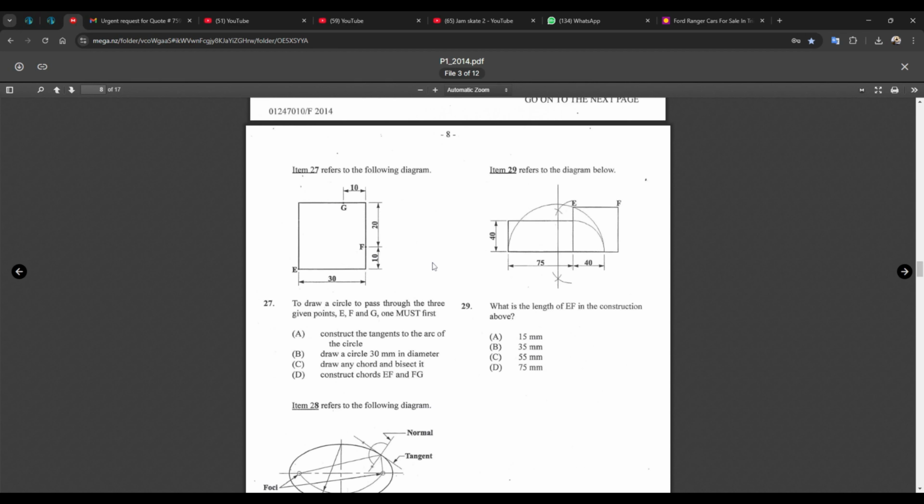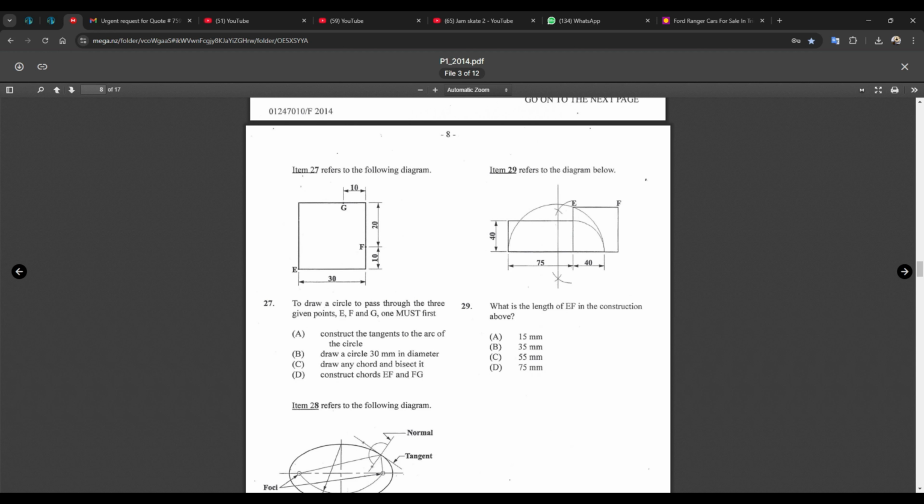Number 27. To draw a circle to pass through the 3 points given, that's E, F, and G, one must first construct tangents to the... draw a circle 30 millimeters.